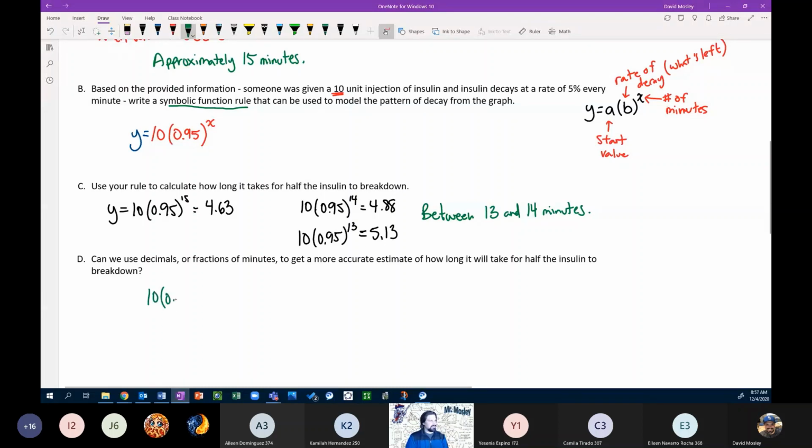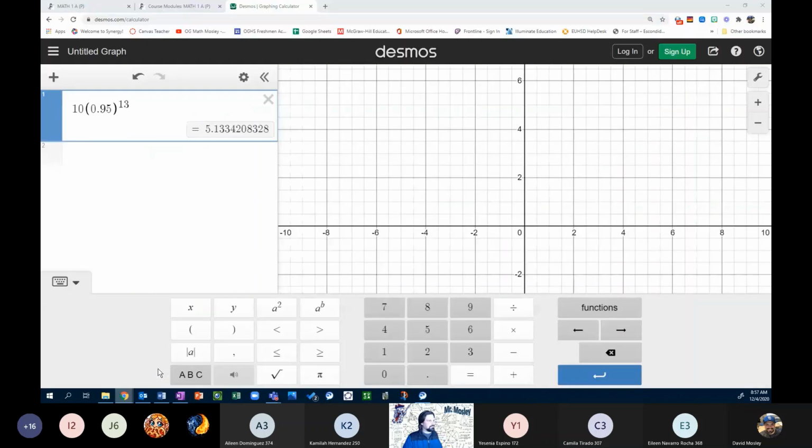This time we'll use 13.5. That's pretty close. We'll say that's about as close as we're going to get. We could have more decimals if we wanted to try and get closer.